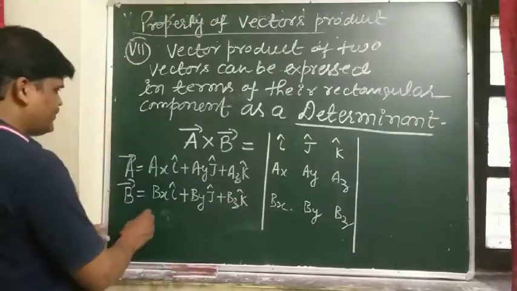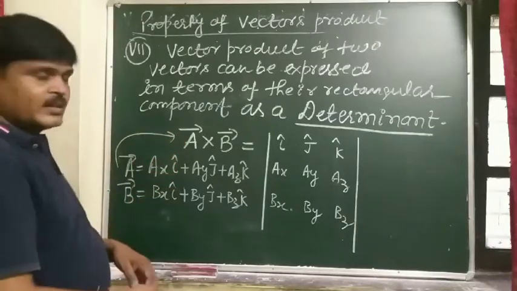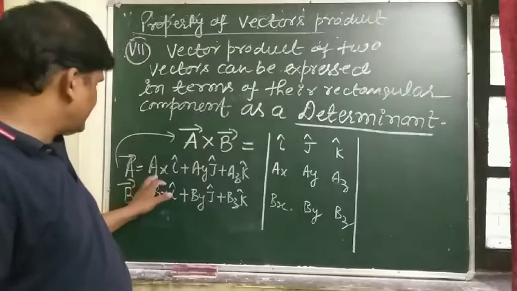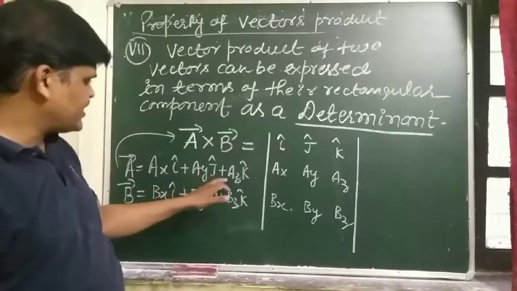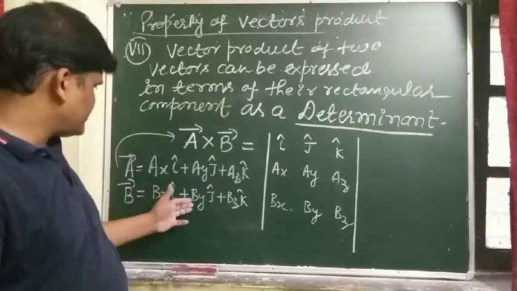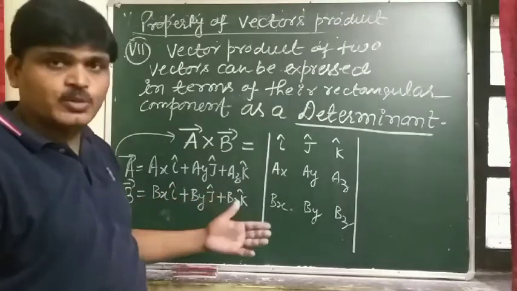And students, the rectangular components of vector A are Ax i cap plus Ay j cap plus Az k cap, and vector B is Bx i cap plus By j cap plus Bz k cap, you know that.